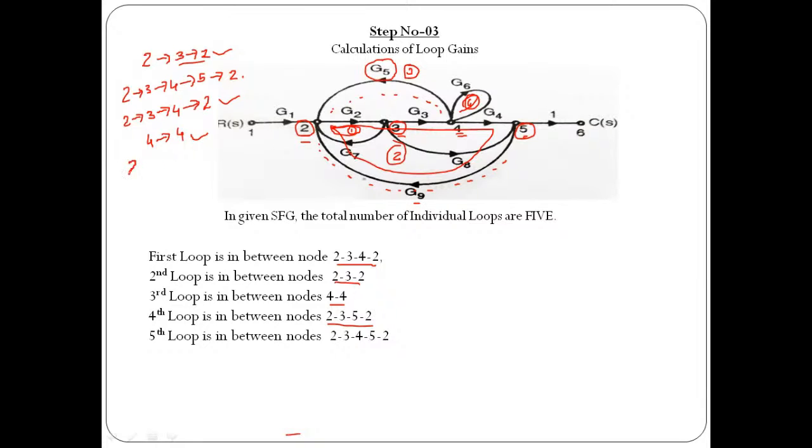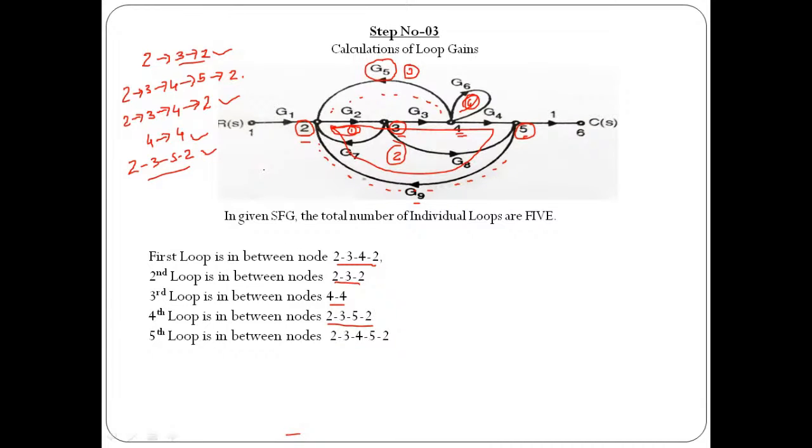So this is missing. So 2, 3, 5, 2, this will be the fifth loop. So in this case we have a total of 5 individual loops that are available in this particular structure.